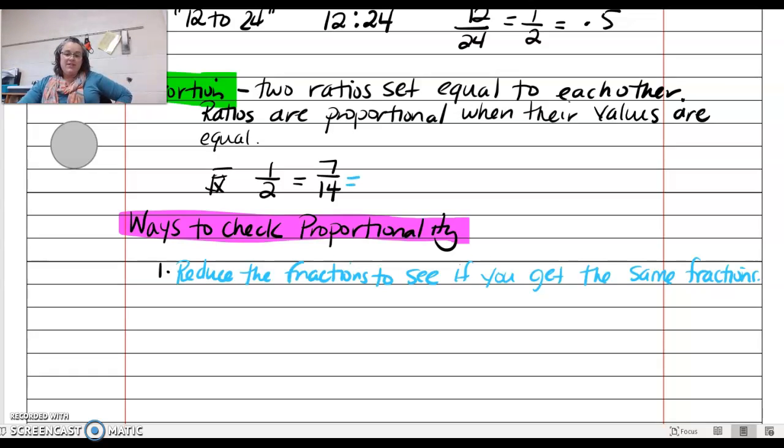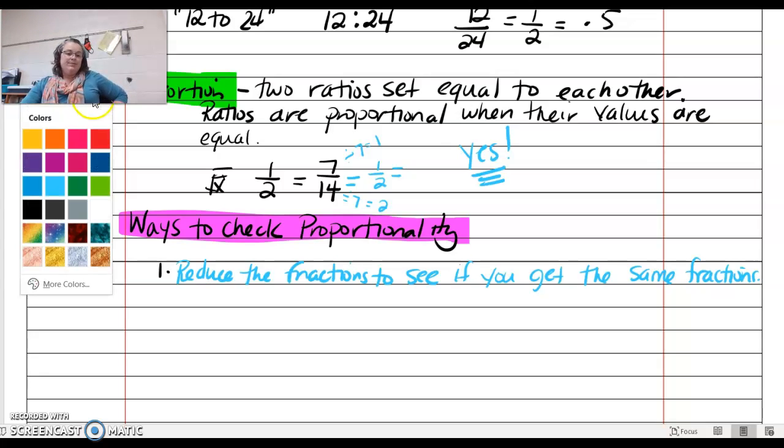But 7/14 can be reduced to, if I were to divide the 7 by 7, I get 1. And 14 divided by 7, I get 2. So I actually get the value of 1/2. So the fractional values are the same. So yes, this is proportional. These two ratios are proportional.